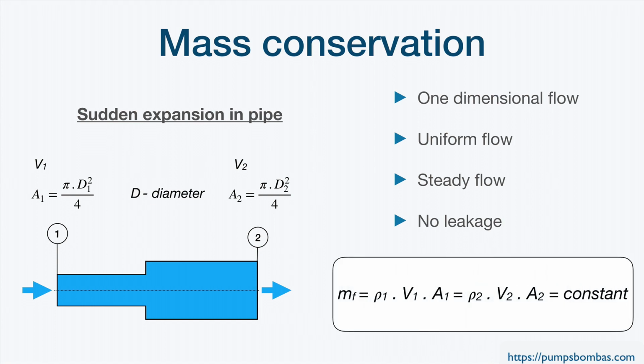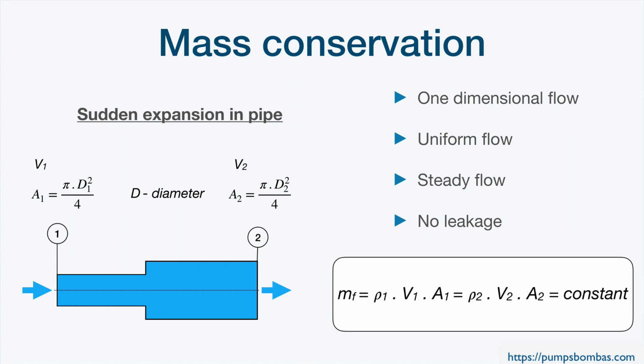So, the mass conservation law can be expressed as indicated in this equation: the multiplication of density by velocity by area, the mass flow rate, in every one of the sections is constant. Please note that here we have the density at point 1 and the density at point 2 that could be different.